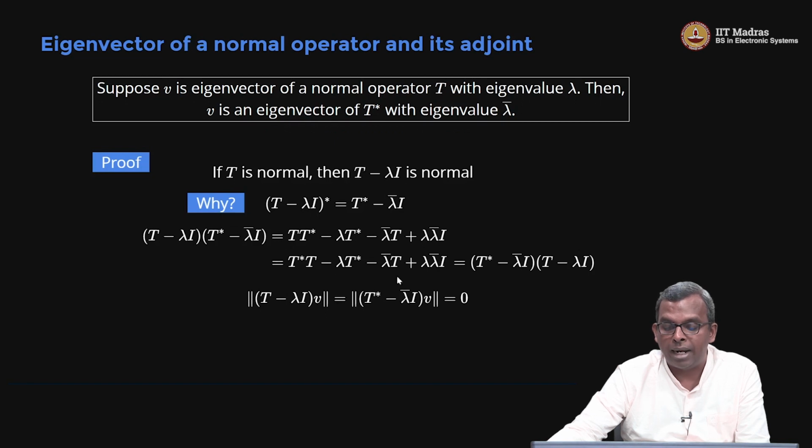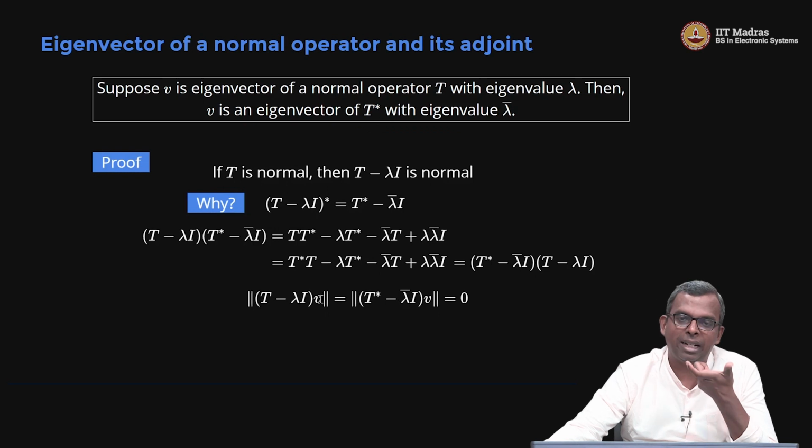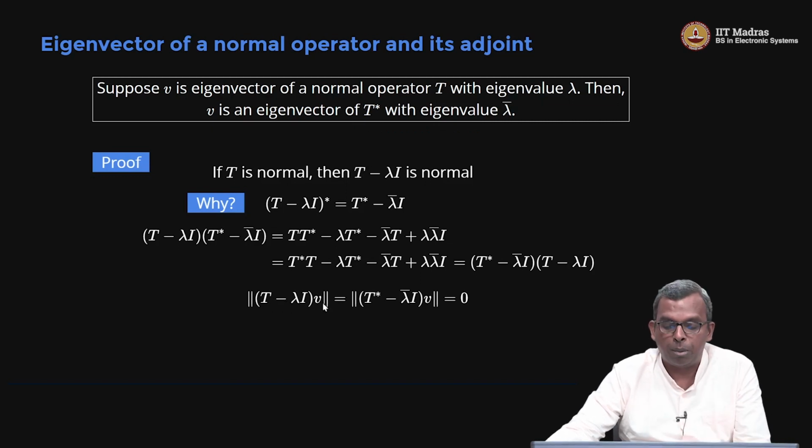A normal operator and its Hermitian conjugate, its star, have the same norm when you multiply with the vector v. Now we know T minus lambda I is also normal, so you apply the normal property to T minus lambda I. So the norm of T minus lambda I v has to be equal to the norm of T star minus lambda bar I v for any v.